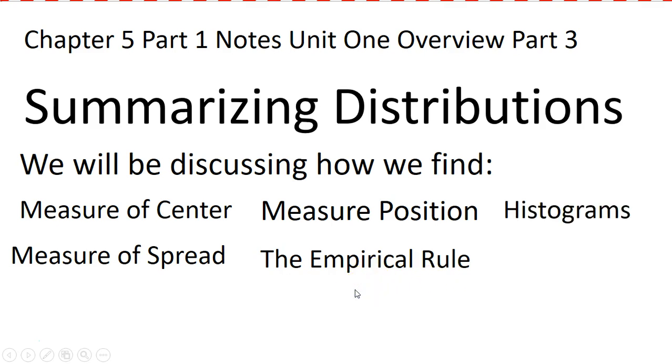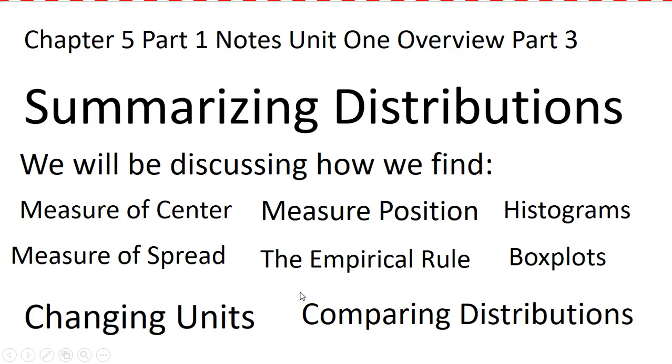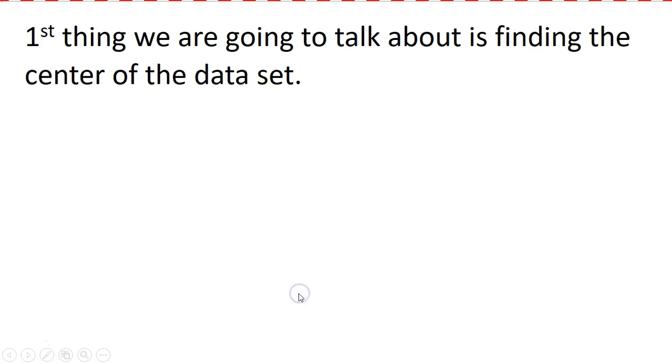We're going to hit on histograms a little bit more than what we were talking about before. We're going to introduce to you some more ideas of box plots, which you basically already know, but hit on it in this course mainly. We're going to be comparing different distributions to one another. We're going to be changing units as well.